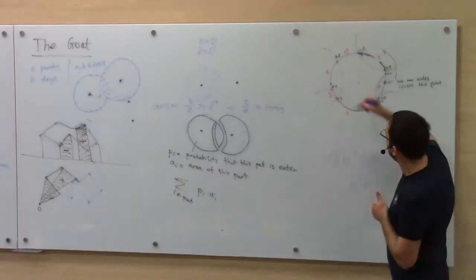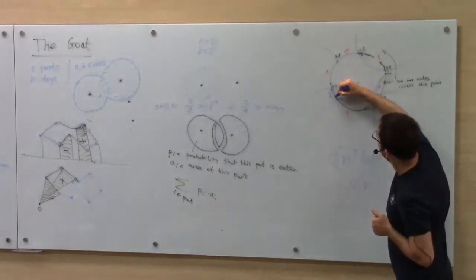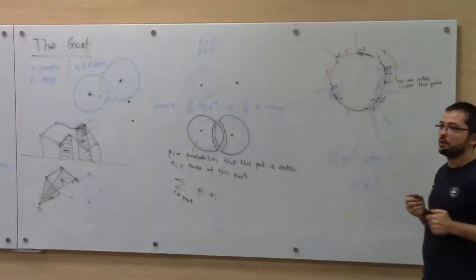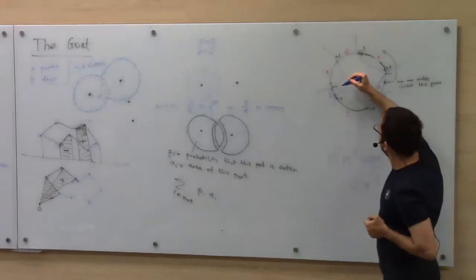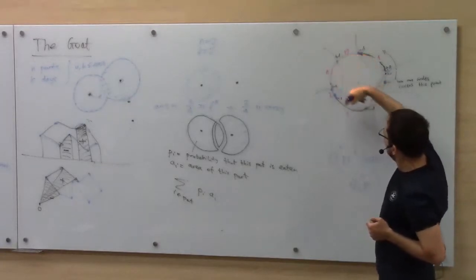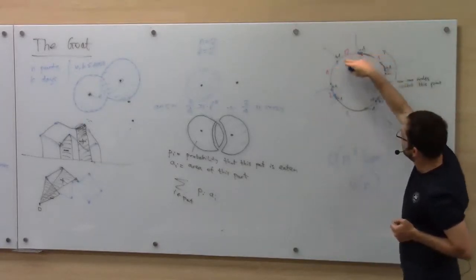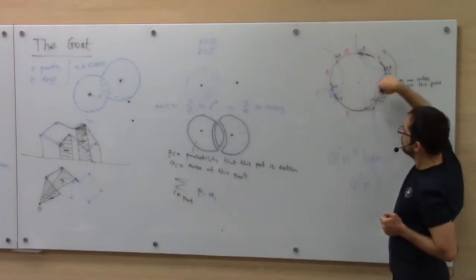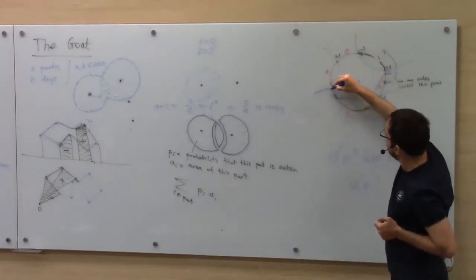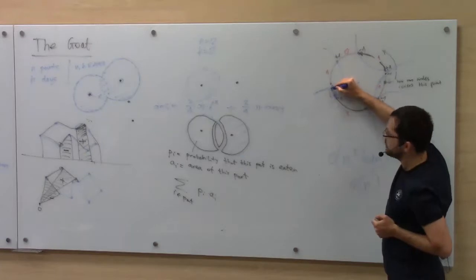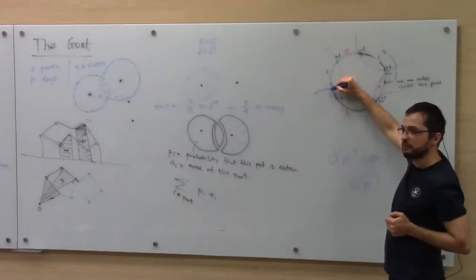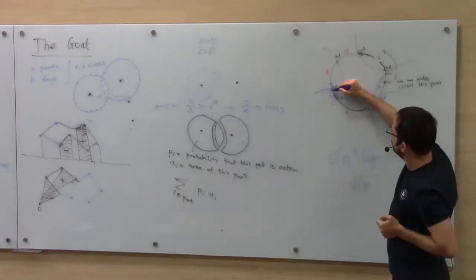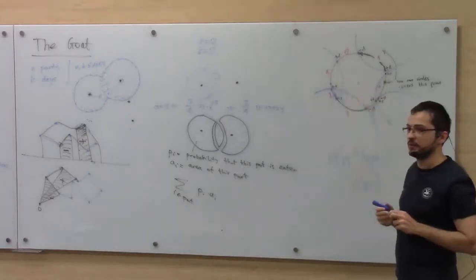I would like to calculate this segment. I know that this segment comes from the fact that my main circle intersects some other circle in this point. So this is the starting point of this segment, and I would like to find the ending point of this segment.